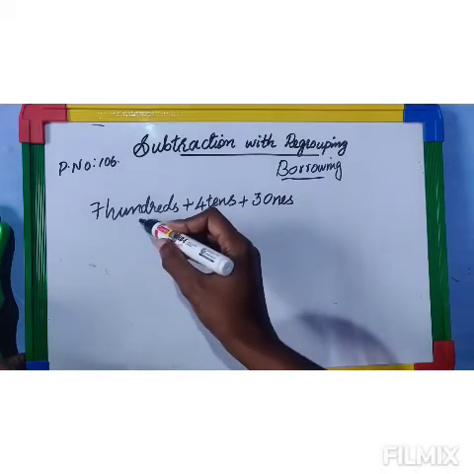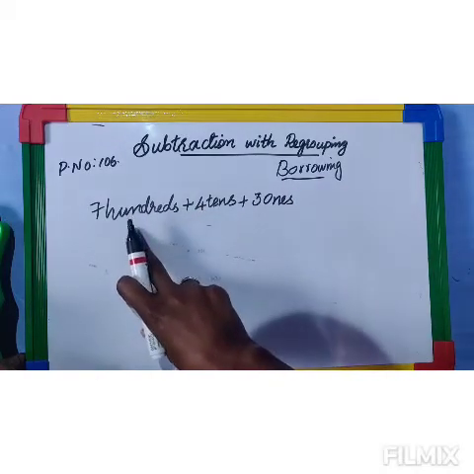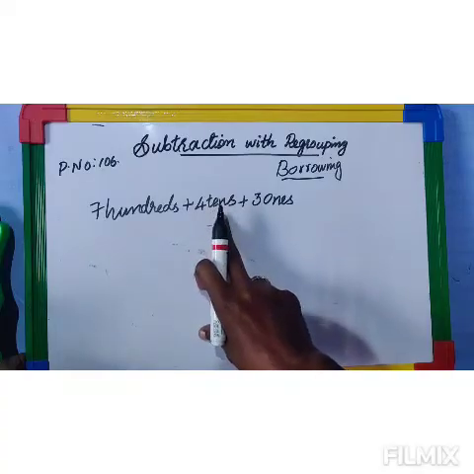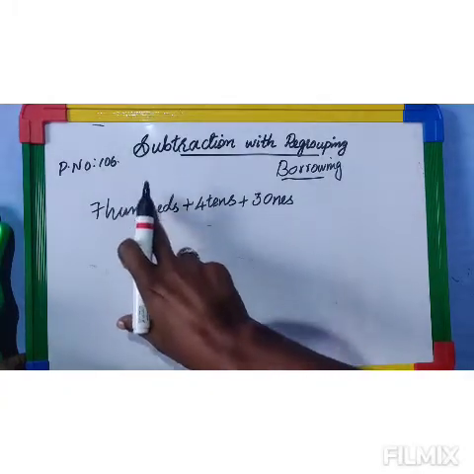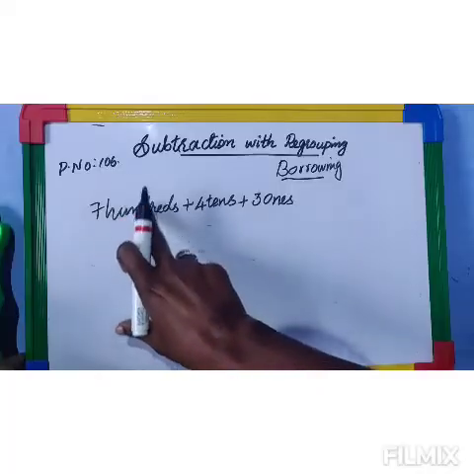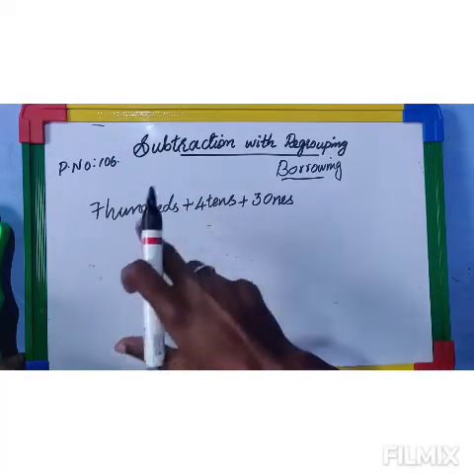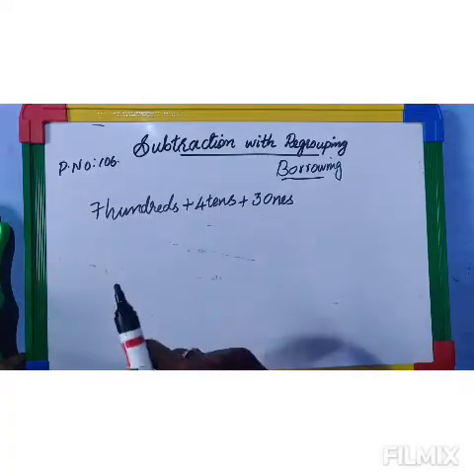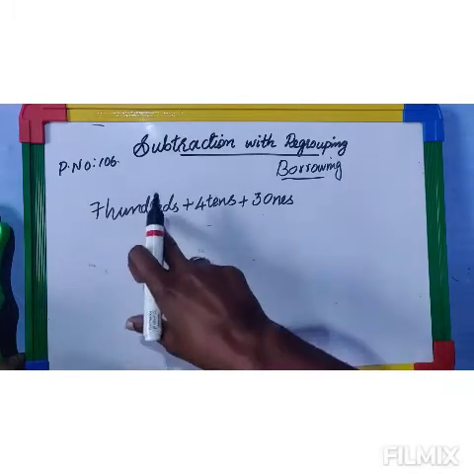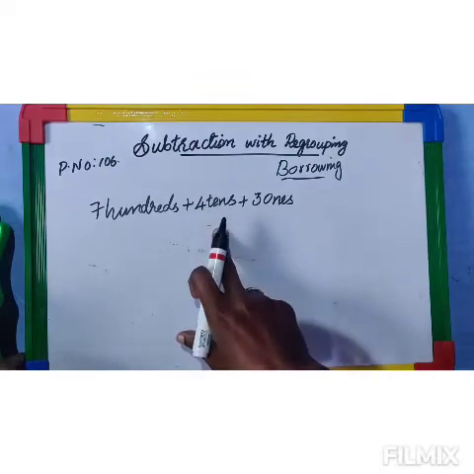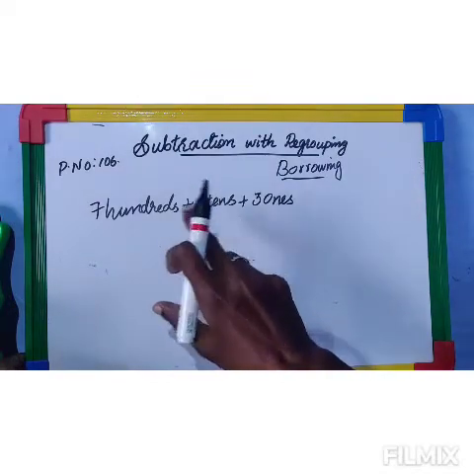Now from the hundreds, 1 we are going to give and regroup. Hundreds is one group, tens is one group. So from the hundred group we take one and we join that one to the tens group.